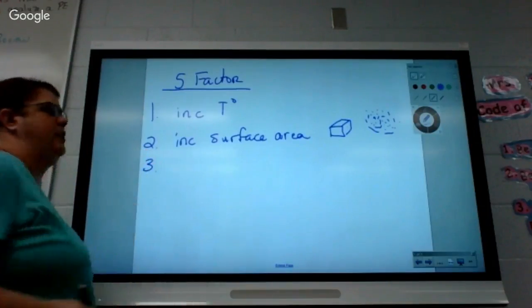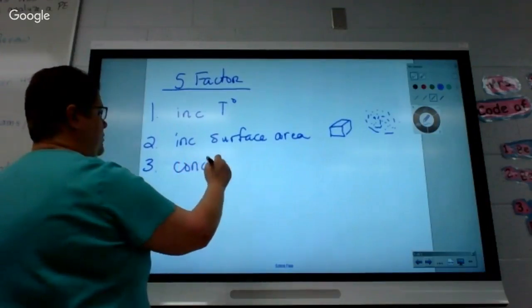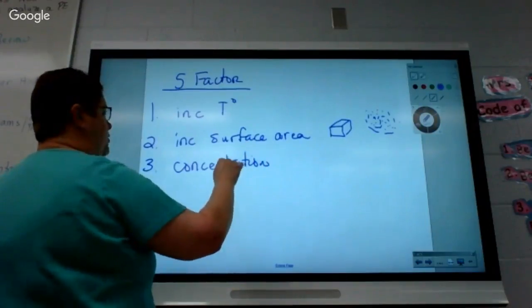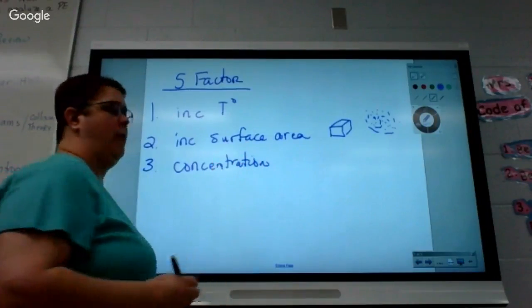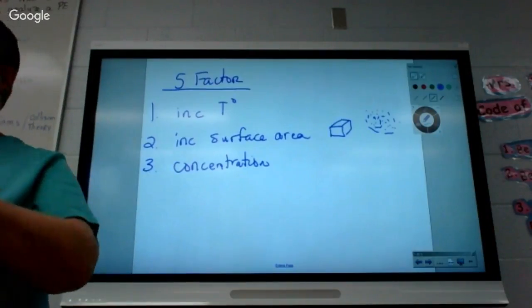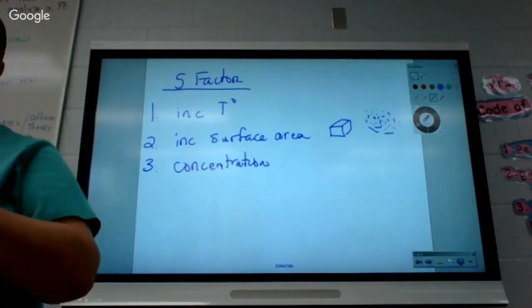All right, what was the third thing we said? Concentration. For those of you who are not here, this is a new vocabulary word. Concentration is the number of particles. So if we increase the number of particles, we increase the chances of collisions. Sort of like right now. If you run up and down the main hall, are you going to bump into anybody? I would hope not.